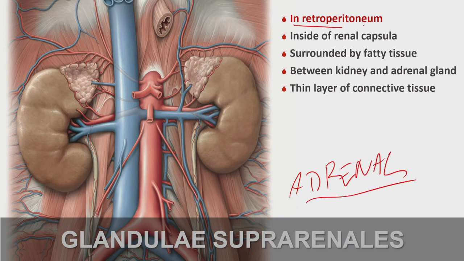They are localized primarily in the retroperitoneum, inside of the renal capsule, or inside of the fatty renal capsule, or fascia, and are surrounded by fatty adipose tissue, the adipose capsule of the kidney. Between the kidney and adrenal gland is a septum made by a thin layer of connective tissue.